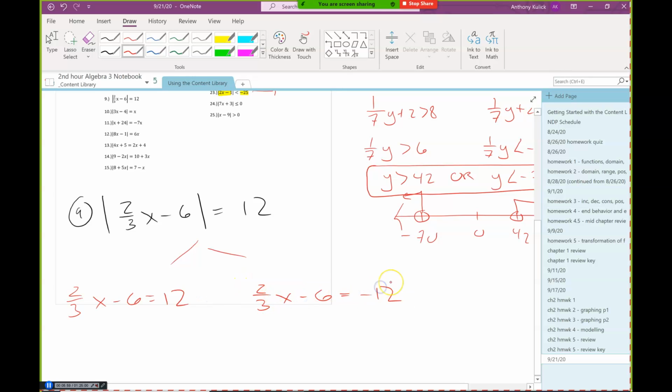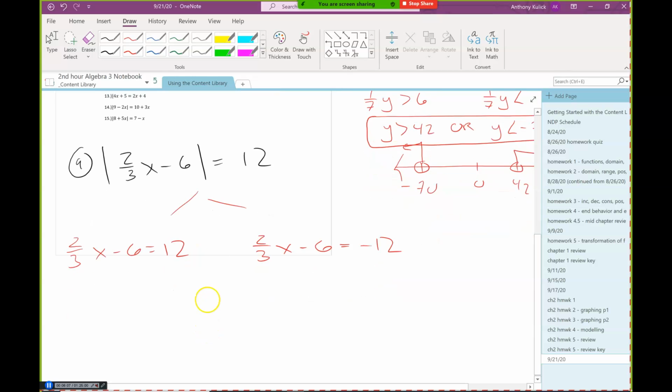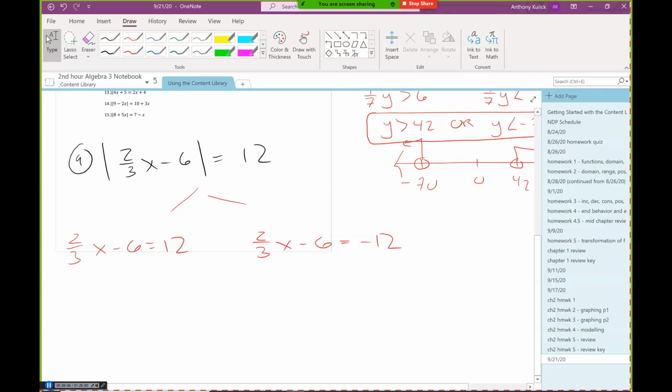Where we just drop the absolute value from the first one, and the second one we drop the absolute value and we make the other side negative. Now we'll just solve each of these 2 equations separately. So we'll start by adding 6 to both sides. And then dividing by, you could divide, but what I think is probably easier is to just multiply by the reciprocal. So multiply by 3 over 2.